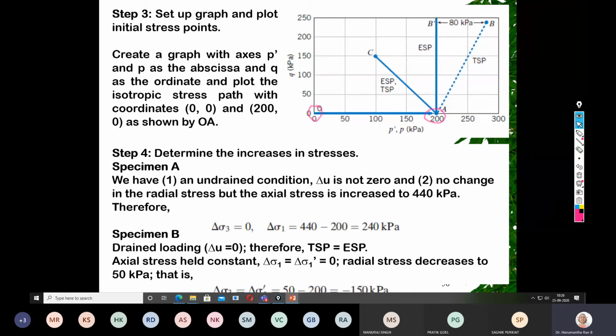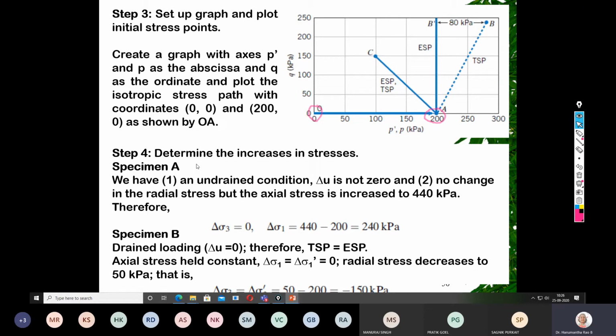The next step is to determine the increase in stresses. After the isotropic loading condition, there was a change in the loading condition. On specimen A, triaxial compression was conducted. On specimen B, triaxial extension was conducted.